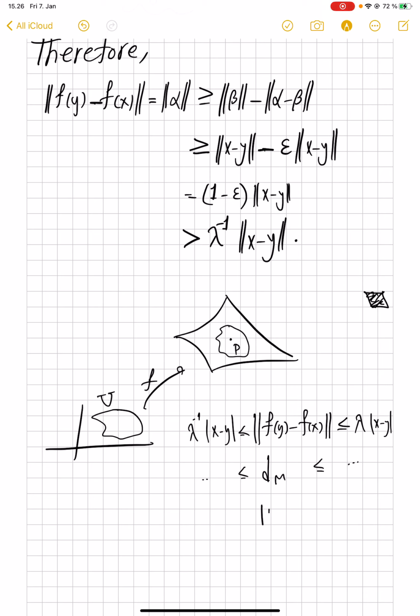And furthermore, we have that the derivative at x, any point of this u, f of x, f of u somewhere here and here, is almost like an orthogonal map.